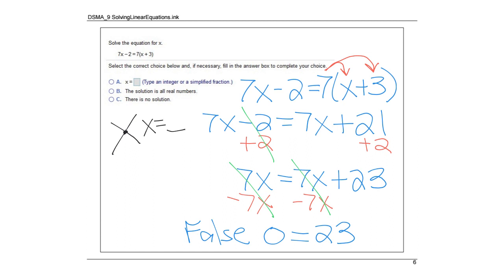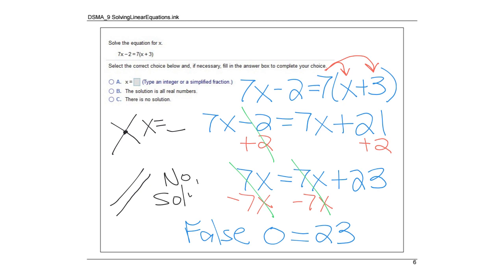But with these two lines, they are actually parallel. They don't intersect. So 7x minus 2 and 7x plus 21 are parallel lines. They don't intersect, and therefore we have no solution.